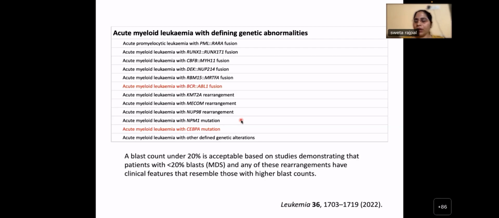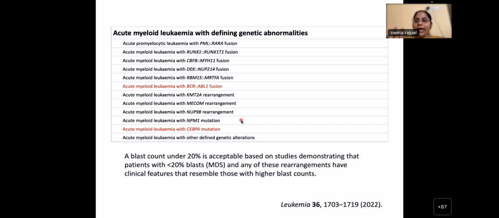So what they found was that patients of MDS with the same translocation but having less than 20% blasts behaved similar to AML with such translocations. So then there's no point in discriminating between these entities, because they ultimately progress to AML and their treatment was delayed till the time they were categorized as AML.